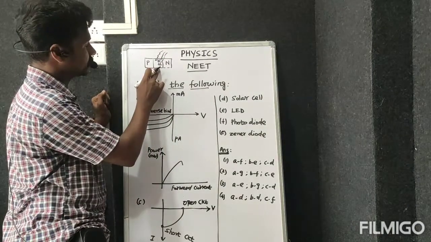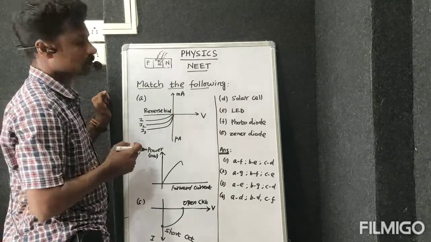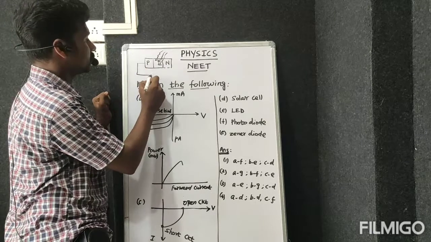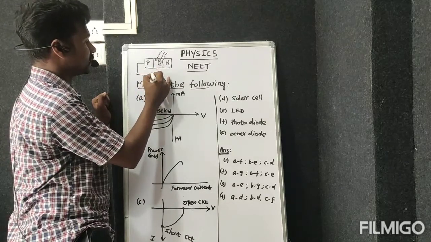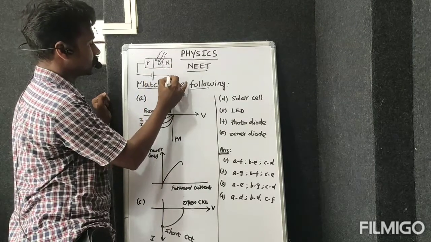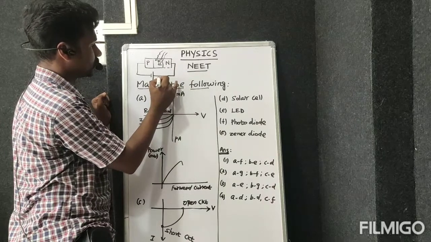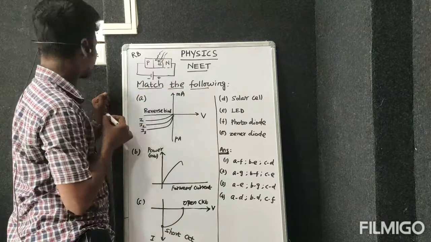After that, electron and hole pairs will be generated. In this situation, we can connect it reversely. That means the positive region is connected with the negative terminal and the negative region with the positive. So here positive, here negative. This is the reverse bias condition.